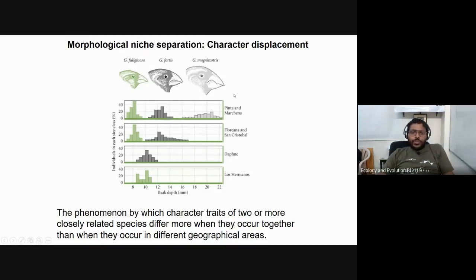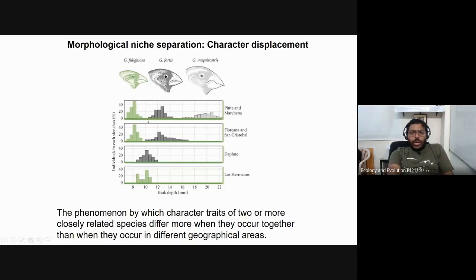Now if you look at some islands, Pinta and Marchena, and look at the frequency distribution of the beak size, you see that where they are occurring together, these three frequency distributions are absolutely non-overlapping for these three species.